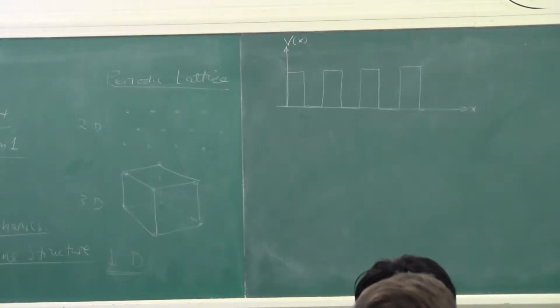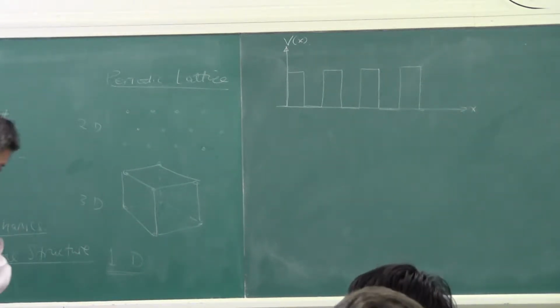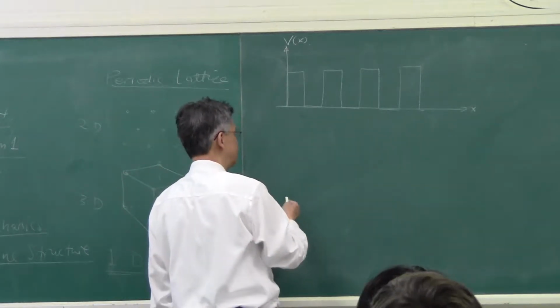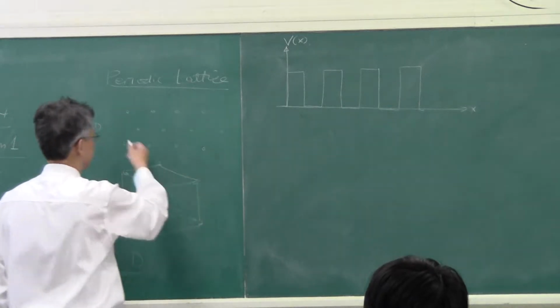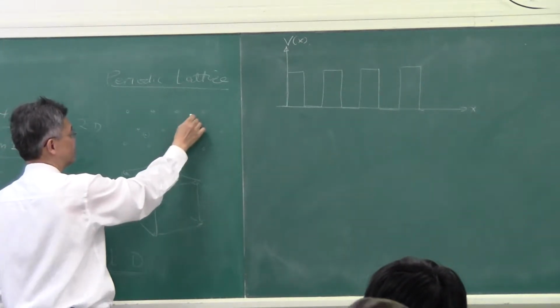But in actual fact, the behavior of electrons is quite complicated. If we have a semiconductor material, for instance, we do not just have one electron flowing in the lattice. Like if this is the lattice in 2 dimensions, we have many electrons. So we have many electrons moving around.